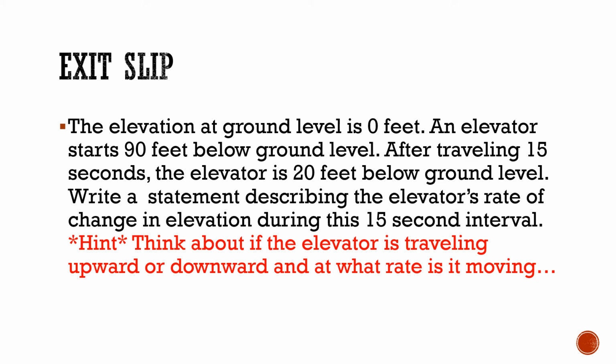If the elevation at ground level is 0, it's starting at 90 feet below ground level, and then after 15 seconds, it's at 20 feet below ground level. So if it was 90 feet, now it's 20 feet below ground level, it's actually going upward. It is coming back towards ground level.